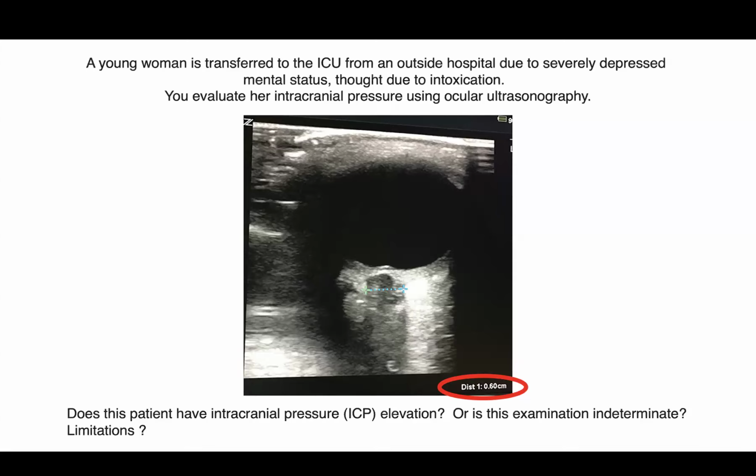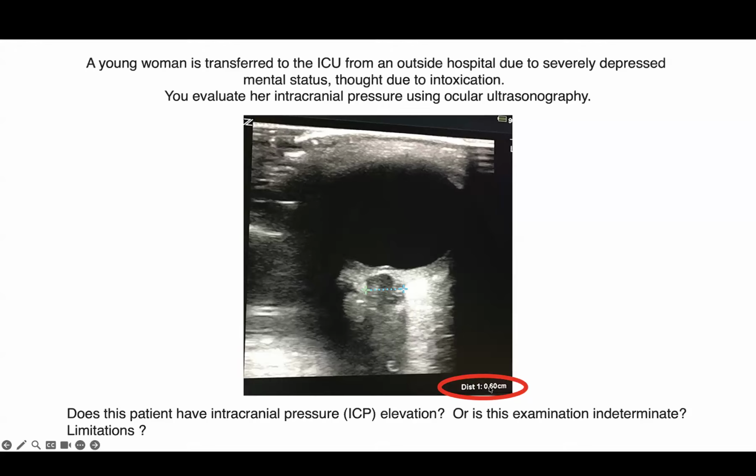Yeah, that's correct, 5.7. Are you sure? I think the metric doesn't seem right. It should be 5.7 millimeters. Okay, anyway. Do you feel this examination that has been done is okay or not okay? Okay, excellent. So the patient does have raised ICP.